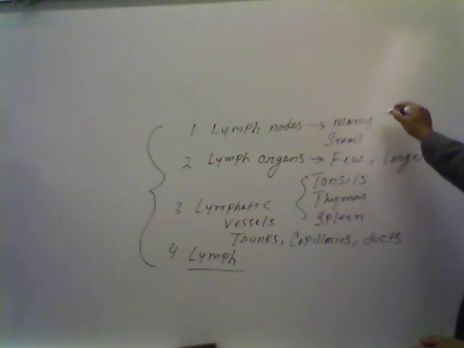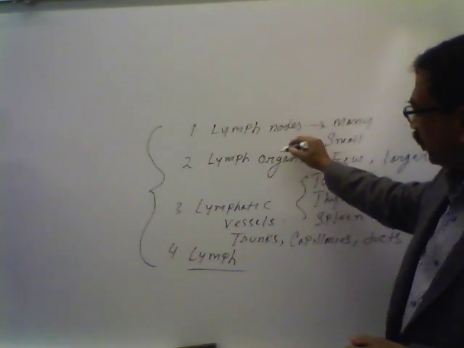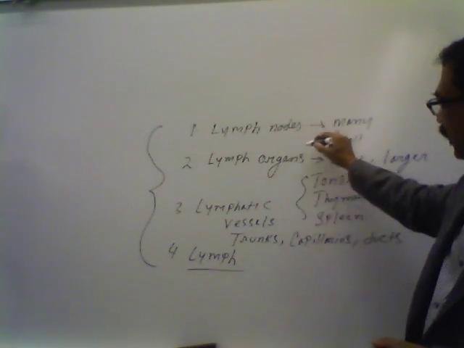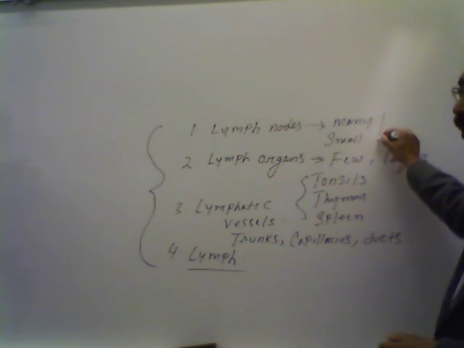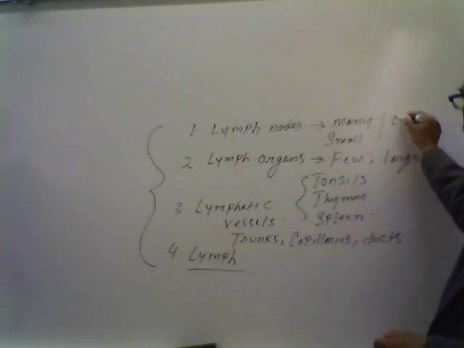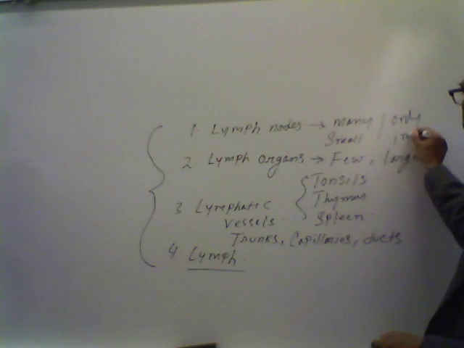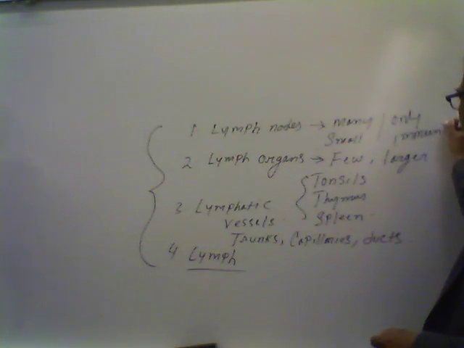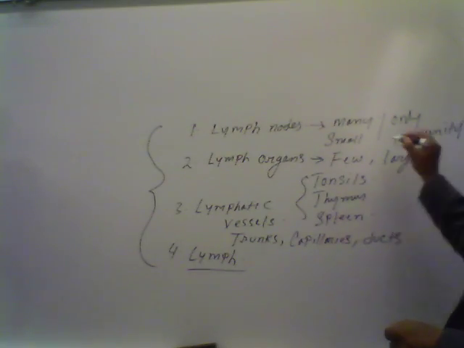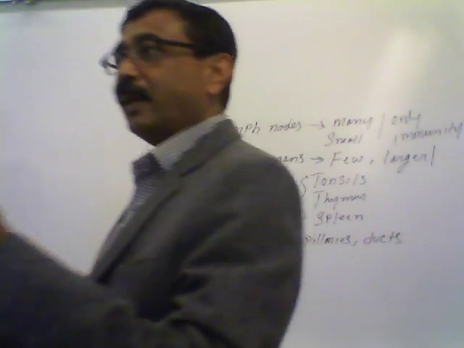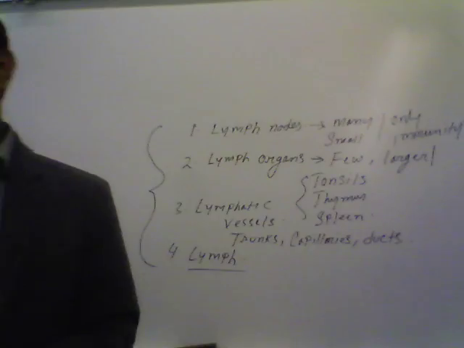Another information about lymph nodes and lymph organs is that lymph nodes are solely responsible for immunity. Only for immunity. But lymph organs are responsible for immunity as well as other functions.